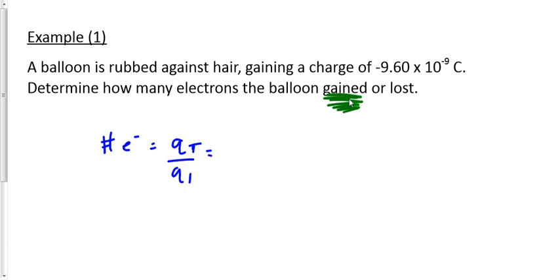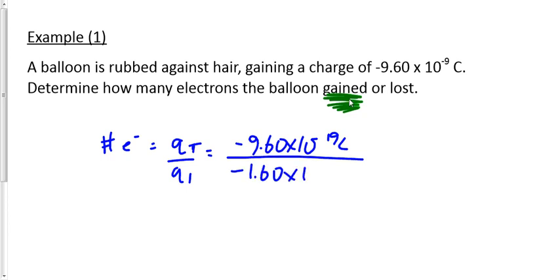Now the total charge is negative 9.60 times 10 to the minus 9 coulombs, and the charge of one electron is negative 1.60 times 10 to the minus 19. This one on the top should be 10 to the minus 9. So let's do the math here.